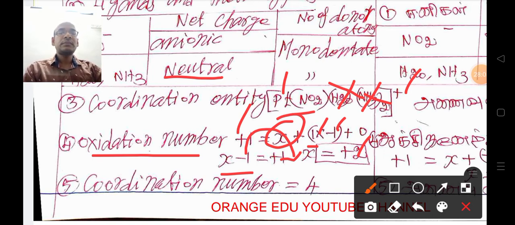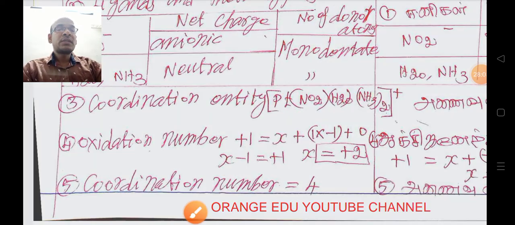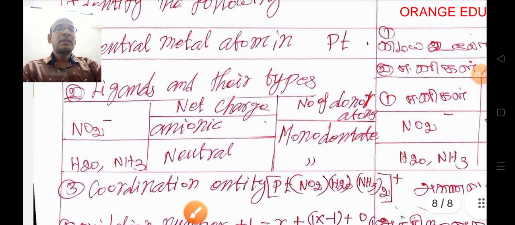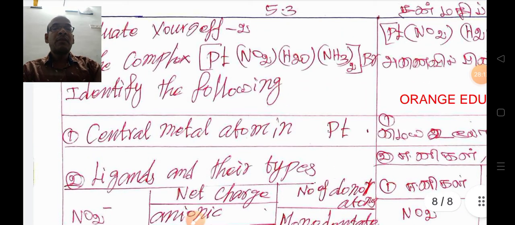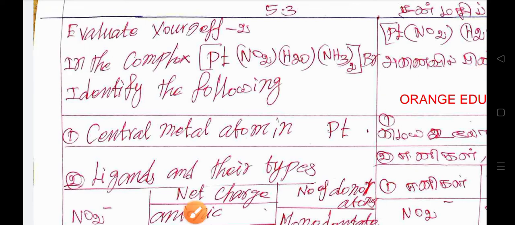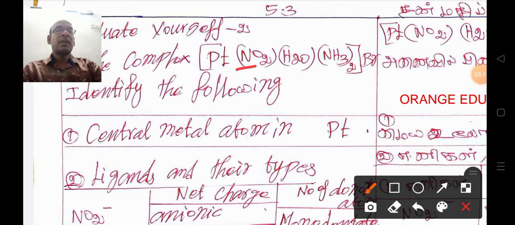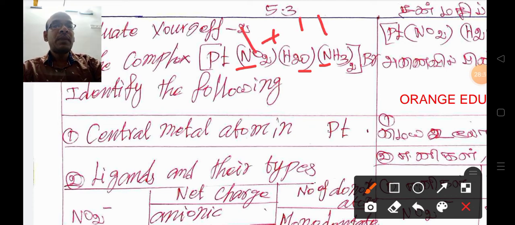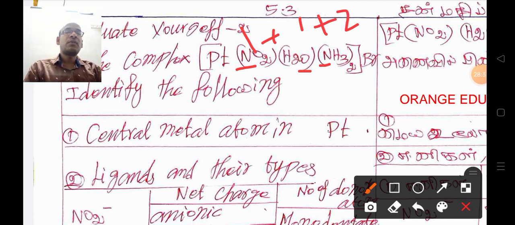Coordination number. Coordination number has two definitions, that is, the number of donor atoms. In this case, nitrogen is one donor atom, H2O is one donor atom. In ammonia, two nitrogens are two donor atoms. Therefore, 1 plus 1 plus 2, totally 4 donor atoms.